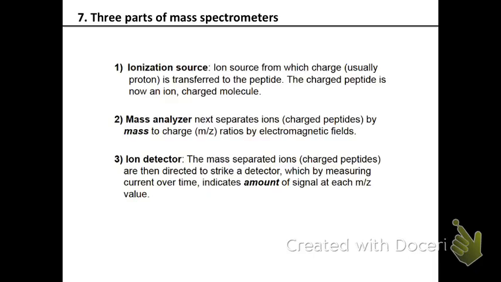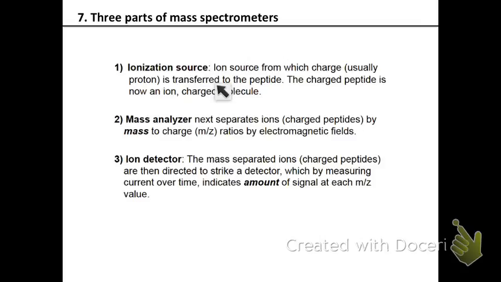All right. So there are different kinds of mass spectrometers, but there are three principles by which they work. They need three components. The first component is an ionization source. That is basically a source from which a charge, which is basically a proton, is transferred to the peptide.